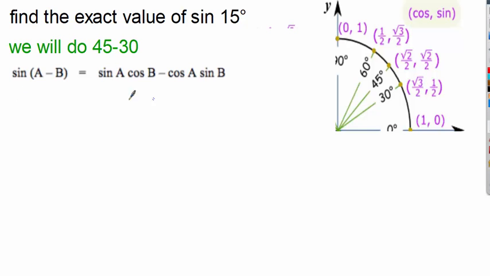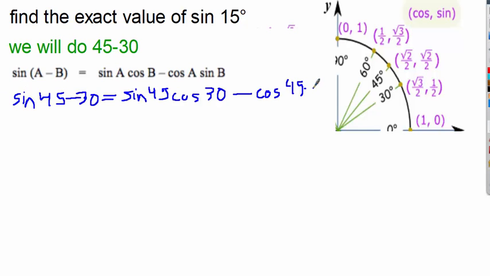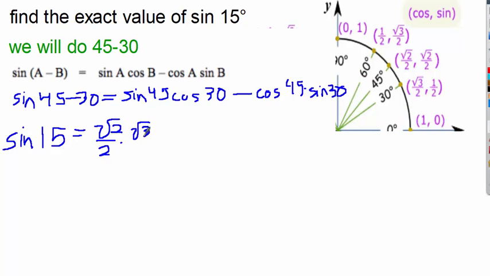So in this case, if we're writing it out, what I get when I set this up: sine of 45, square root of 2 over 2. Cosine of 30, that's the square root of 3 over 2. This one is a subtraction.